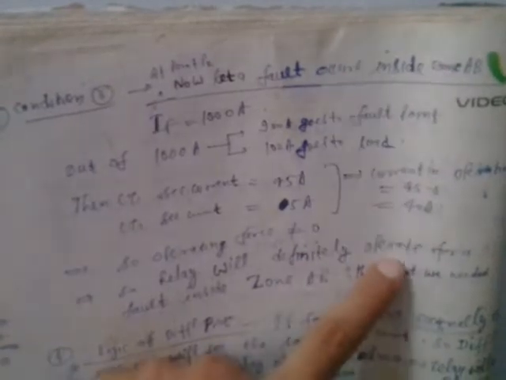So the operating coil current is not 0, so the operating force is not 0. That means the relay will definitely operate for a fault inside the zone AB. That's what is desired, that's what we needed, right?